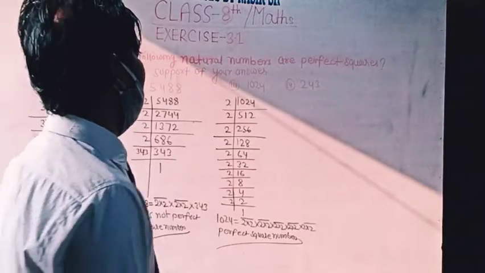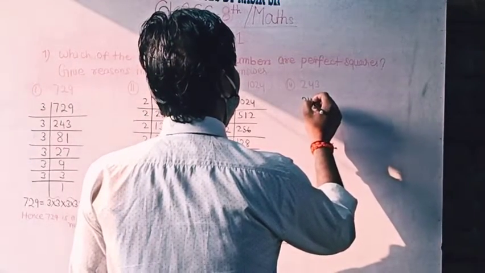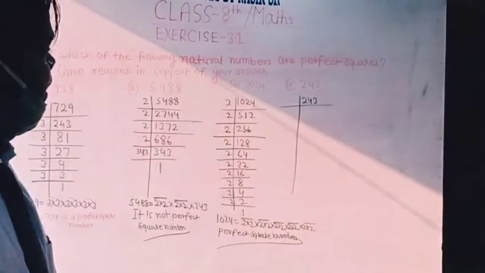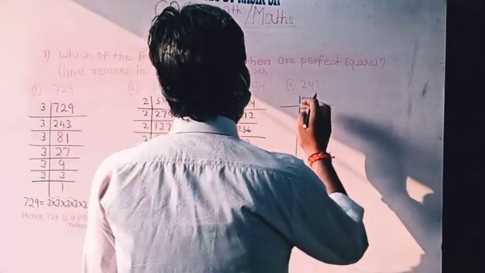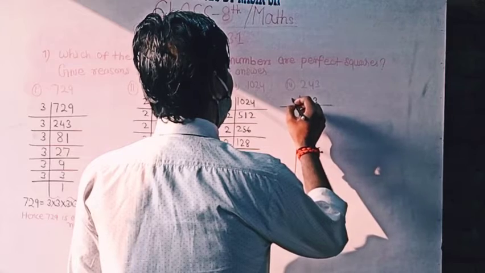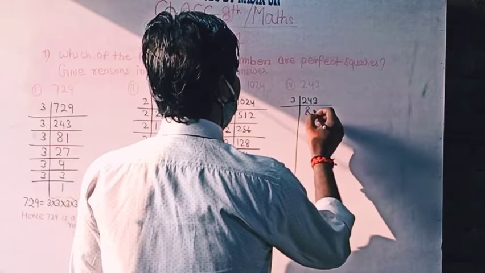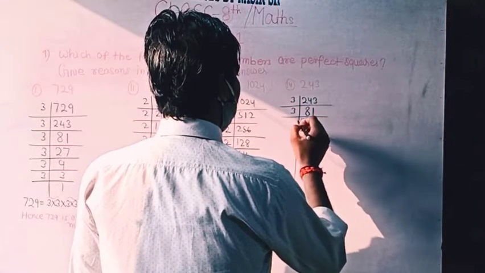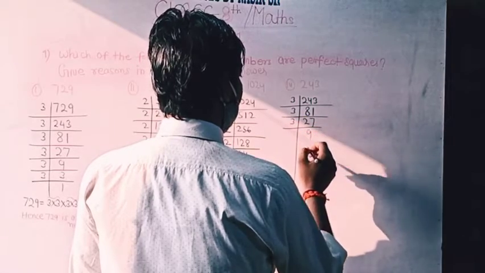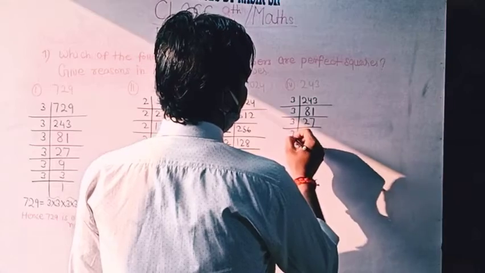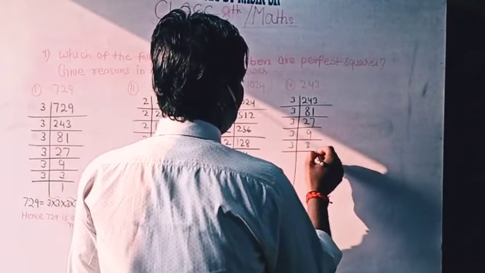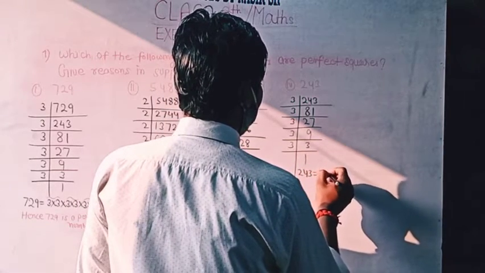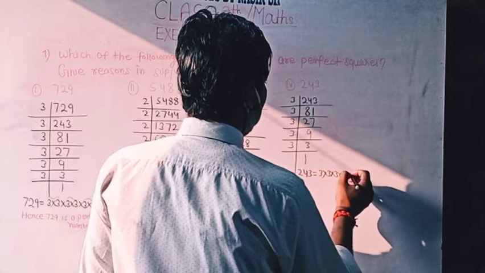The fourth part is 243. We first find its prime factors. 243 is expressed as the product of 3 into 3 into 3 into 3 into 3.